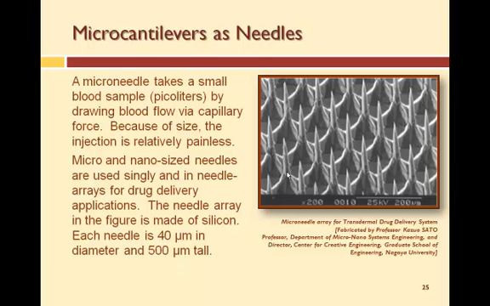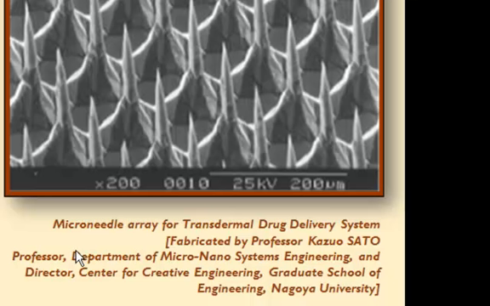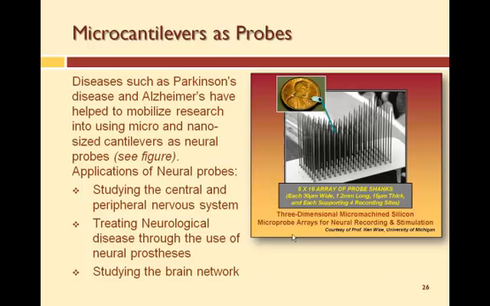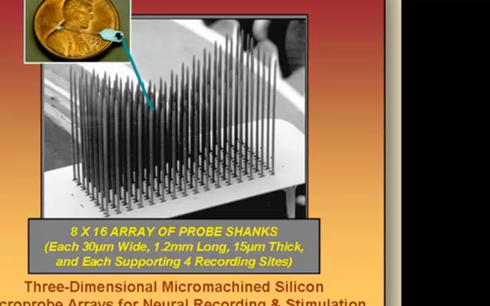Here's our microneedle array for doing transdermal drug delivery systems. We can look at very small amounts of material if we use very small sensors. Okay. Here's an array for doing research on the brain.